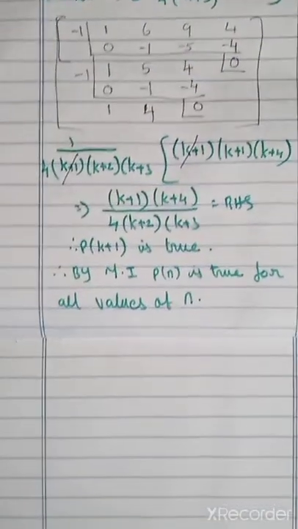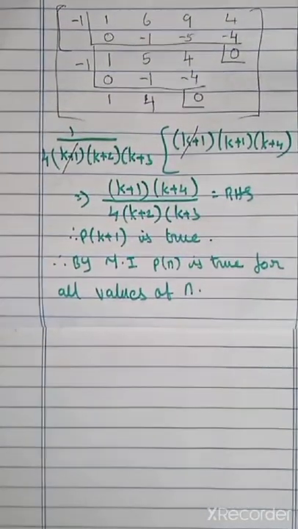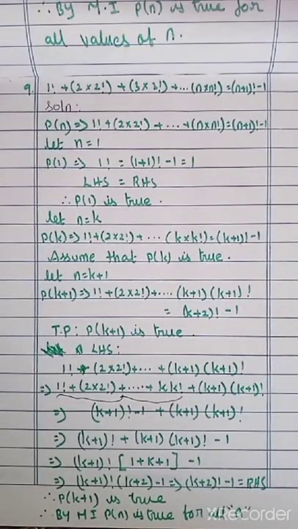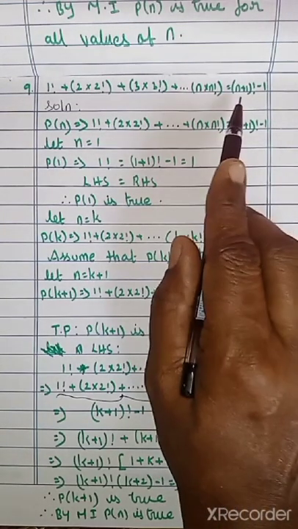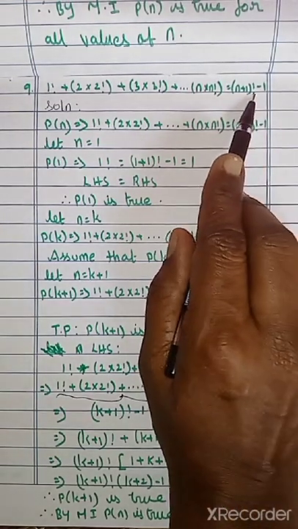Hence, the solution gets over. The 8th problem is your homework. Now the 9th problem. Prove by mathematical induction that 1 factorial plus 2 into 2 factorial plus 3 into 3 factorial etc. up to n into n factorial equals (n plus 1) factorial minus 1.